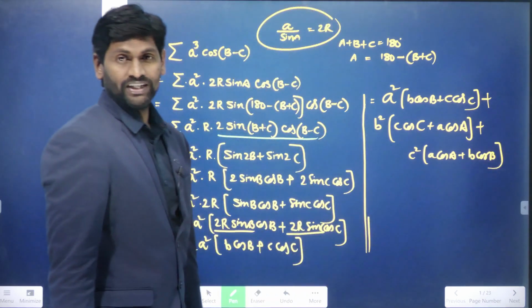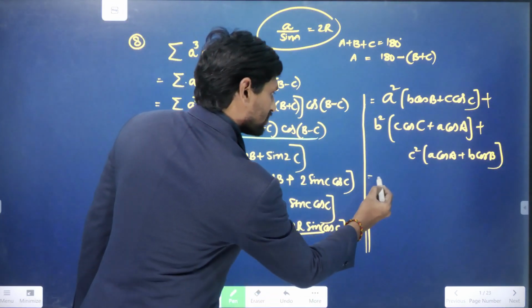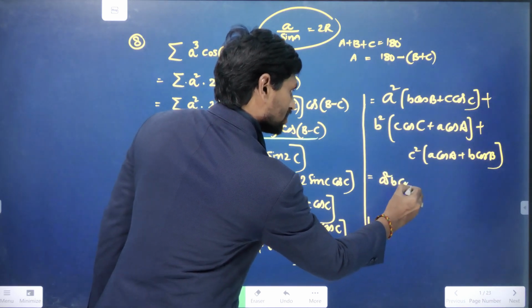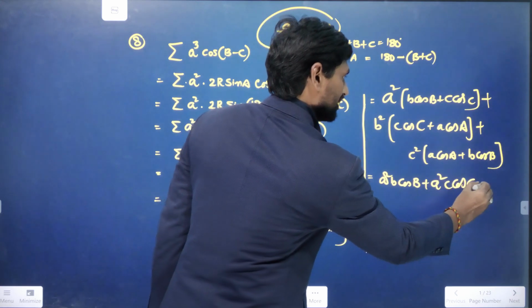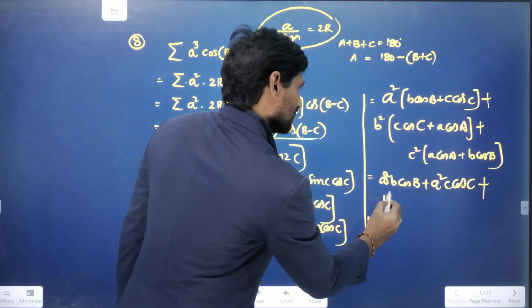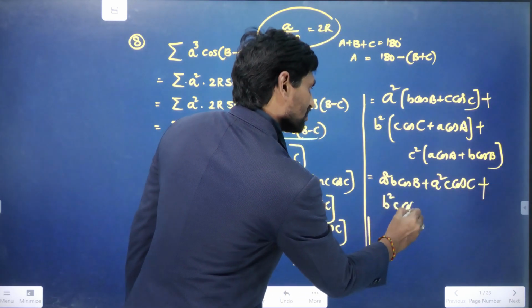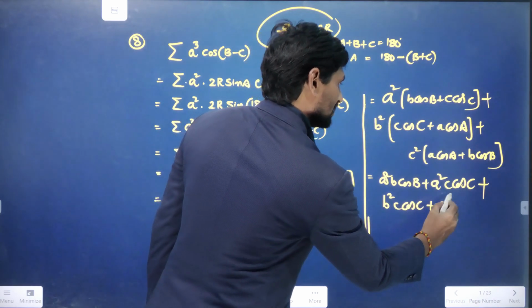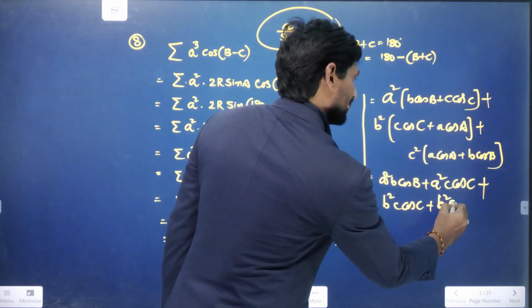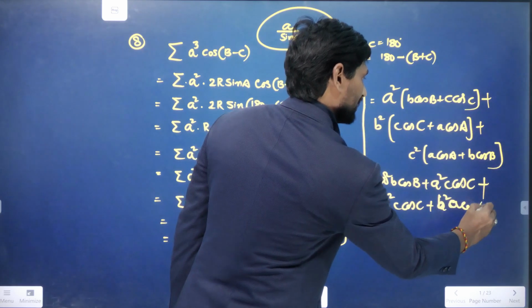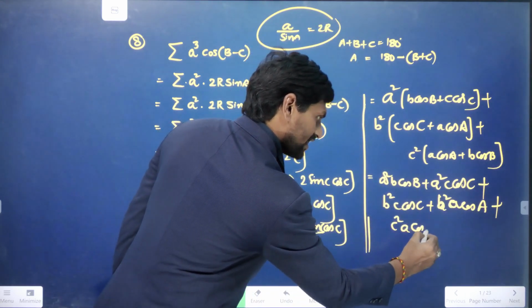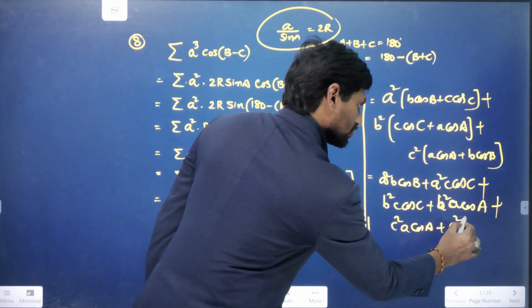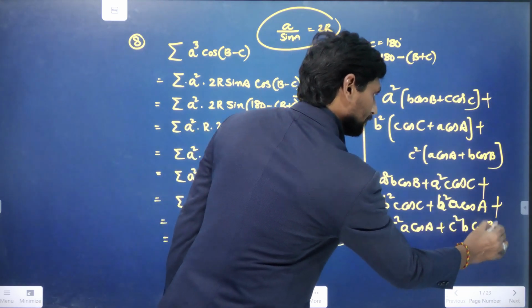Okay? So multiplying everything, that equals a square b cos b plus a square c cos c plus b square c cos c plus b square a cos a, and also c square a cos a plus c square b cos b.